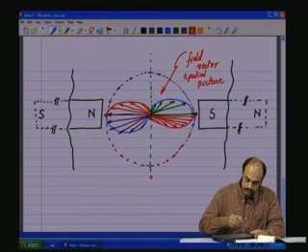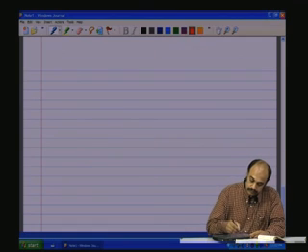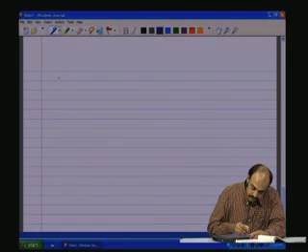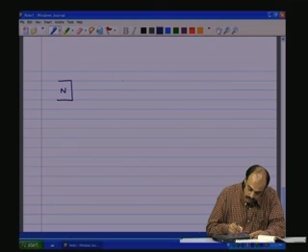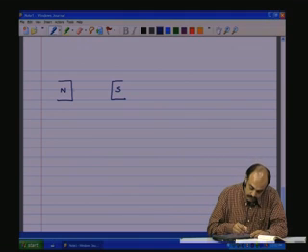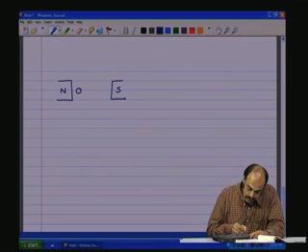Now, let us have a north pole and a south pole, and let me have a conductor, as such there is no current in the conductor.